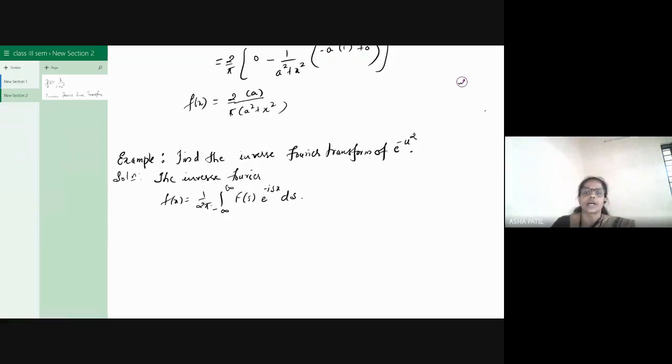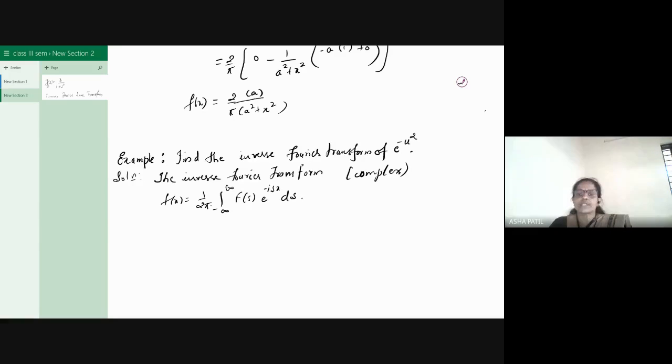So applying the inverse Fourier transform, which is also called, I don't know whether I told you or not, the complex form of Fourier transform. If they mention find the complex form of Fourier transform, because you have I here, it is also called the complex Fourier transform. Okay.